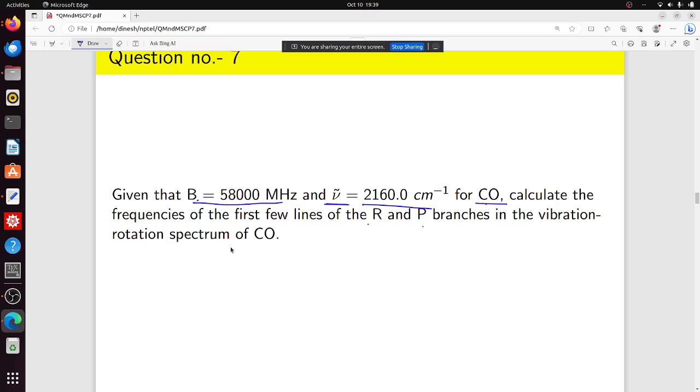Okay, so if you remember, in the initial classes we learned about the R and P branches.